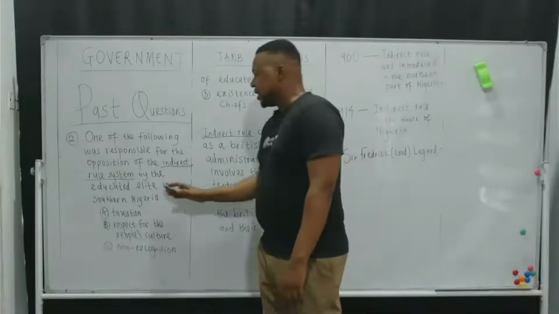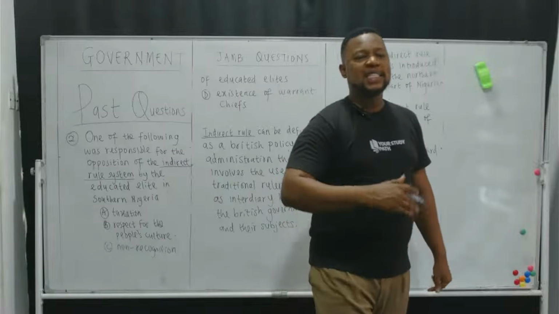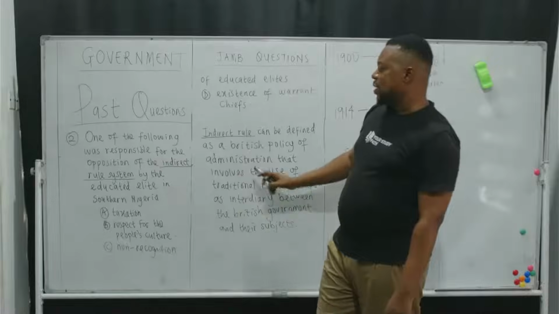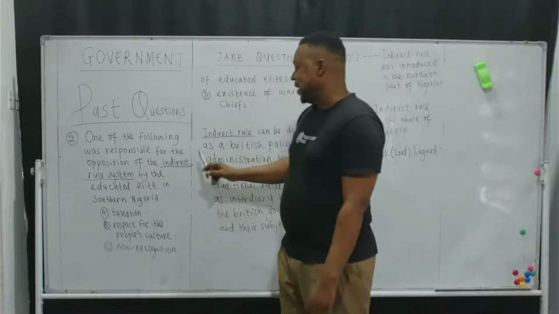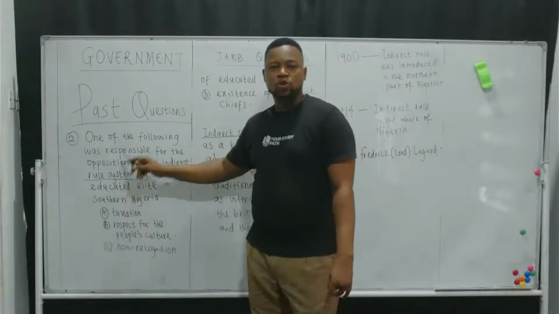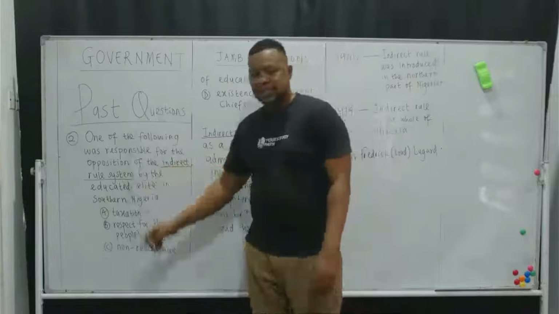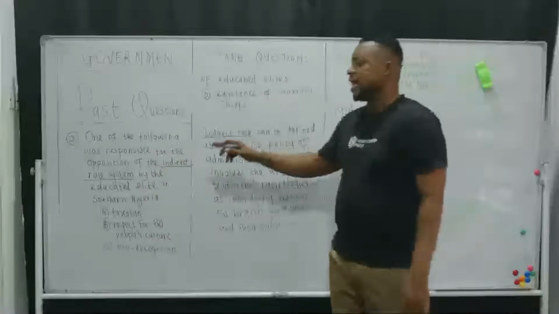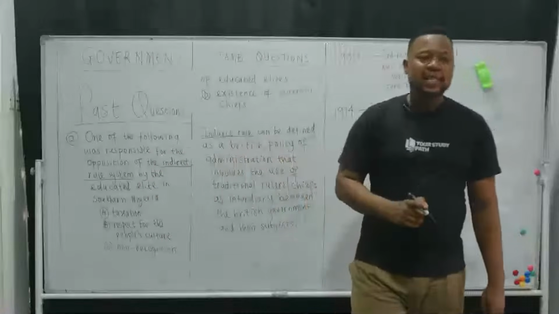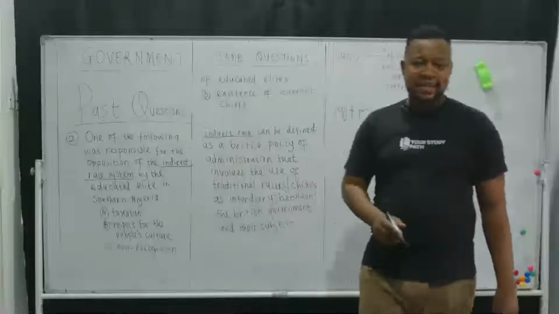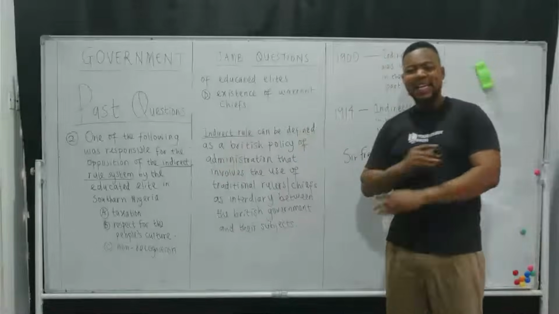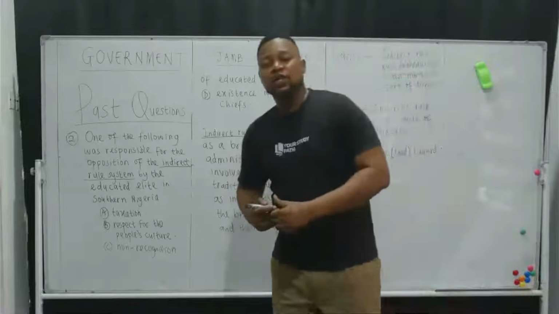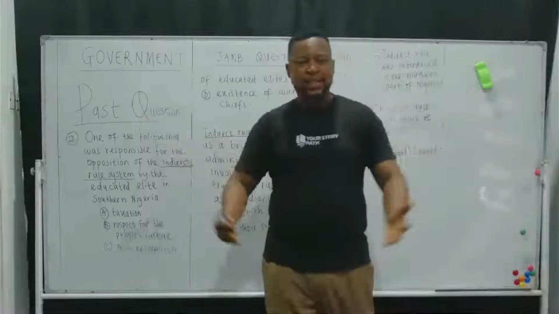Now we have the understanding of the indirect rule system. One of the features of indirect rule that made the educated elite protest or oppose it in Nigeria is that the system excluded the educated elite. The system did not make use of educated elite.